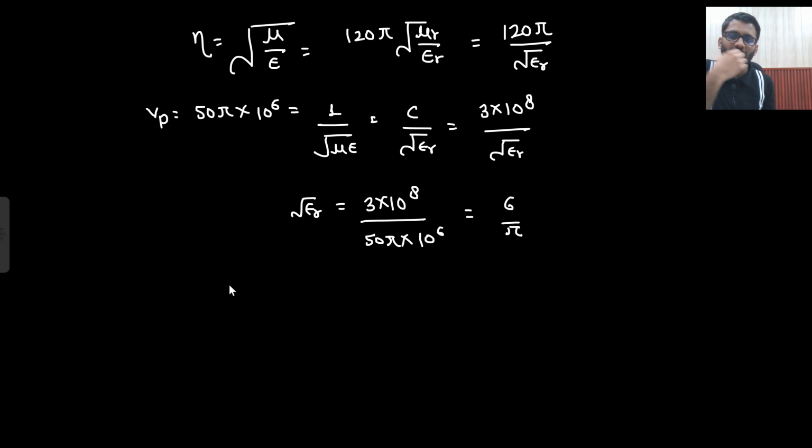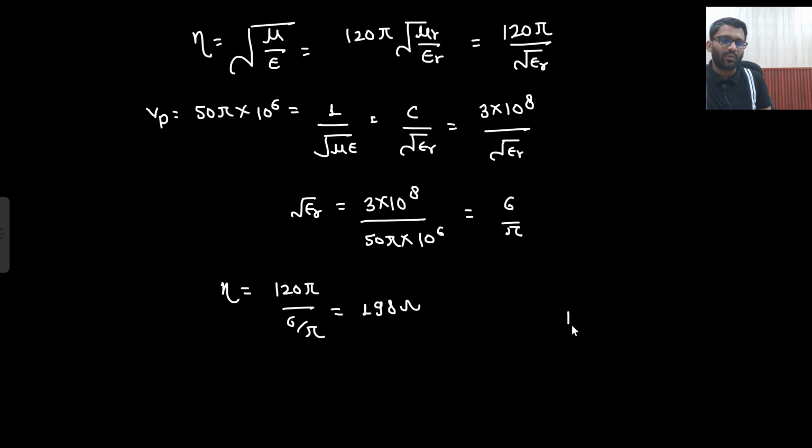If I put that there, eta will be equal to 120 pi divided by 6 by pi, so 20 pi square, nearly around 200. Yes, it is coming out to be 198 ohm, nearly around 200.